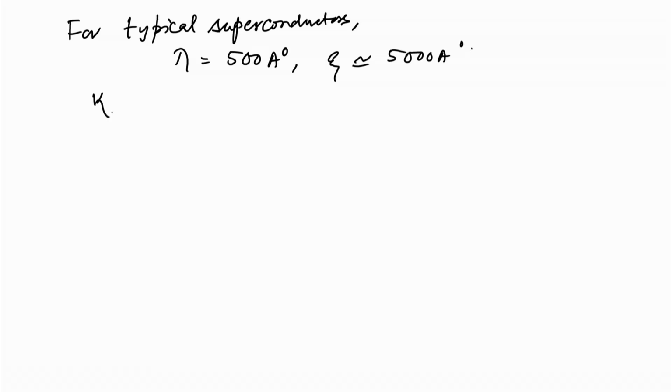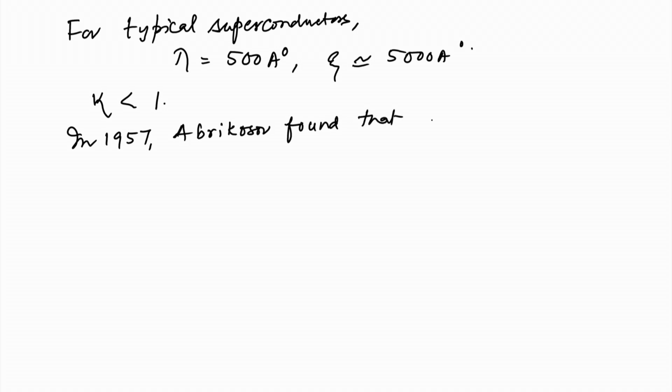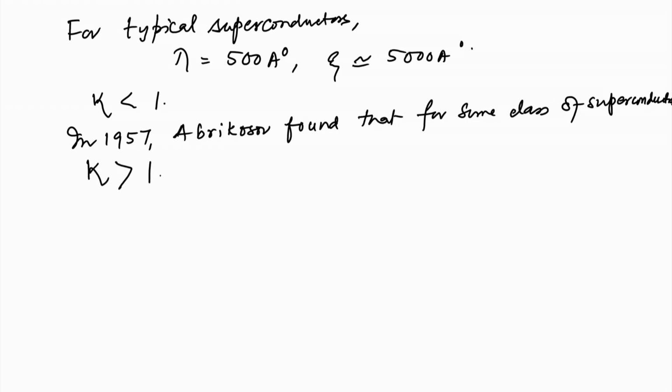So, kappa is typically less than 1, but however, in 1957 Abrikosov found that for some class of superconductors, this kappa can be greater than 1.